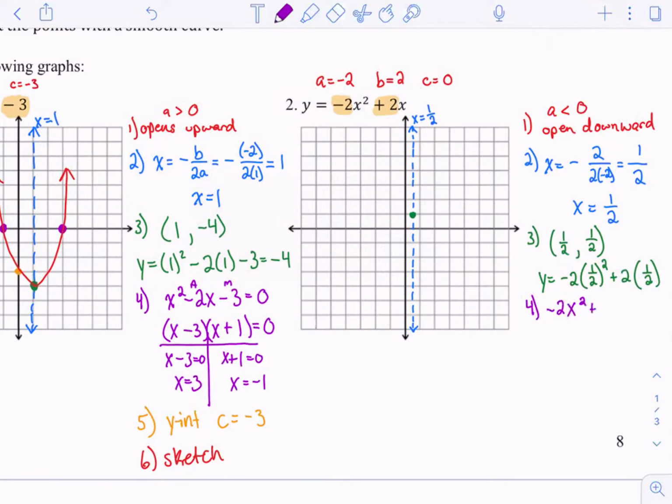Now this one, if you remember, we factor a little bit different. Here I have a GCF, so I could actually factor out this -2x. I'd be left with x minus 1. So here I would get x equals 0 and x equals 1.